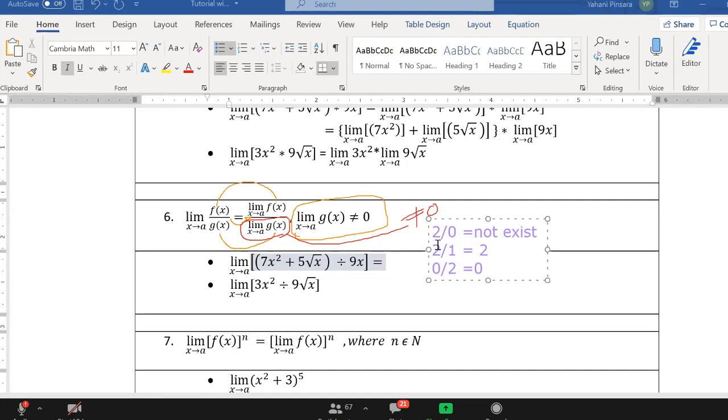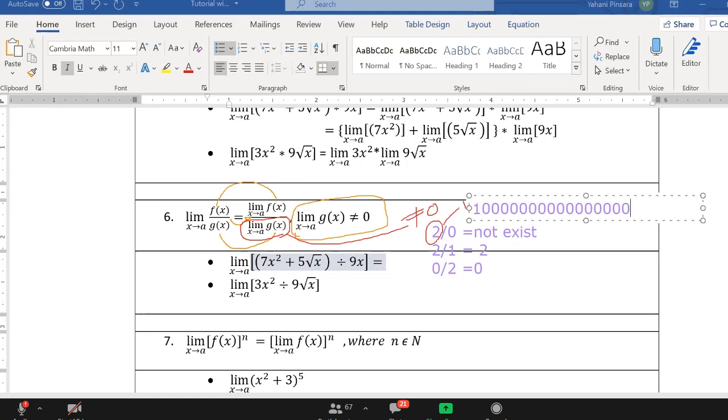So since 2 divided by 0 does not exist, if we put any value here, let's say instead of 2 we are putting 1000, or any very large value, divided by 0 also does not exist, right?